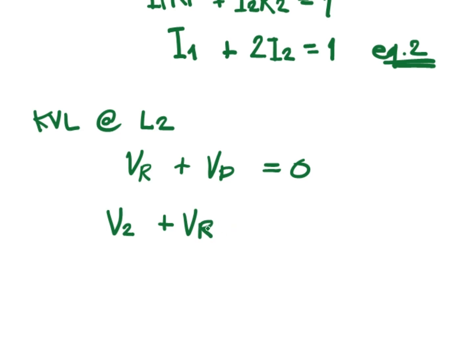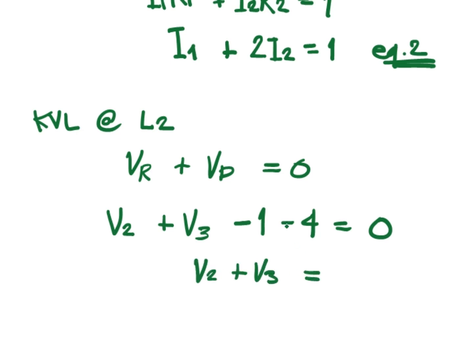Then we have the sources, which are potential drops, minus 1 volt minus 4 volts is equal to 0. Sorry, this is V3. So we will have an equation V2 plus V3 is equal to, transferring these numerical values, 5.